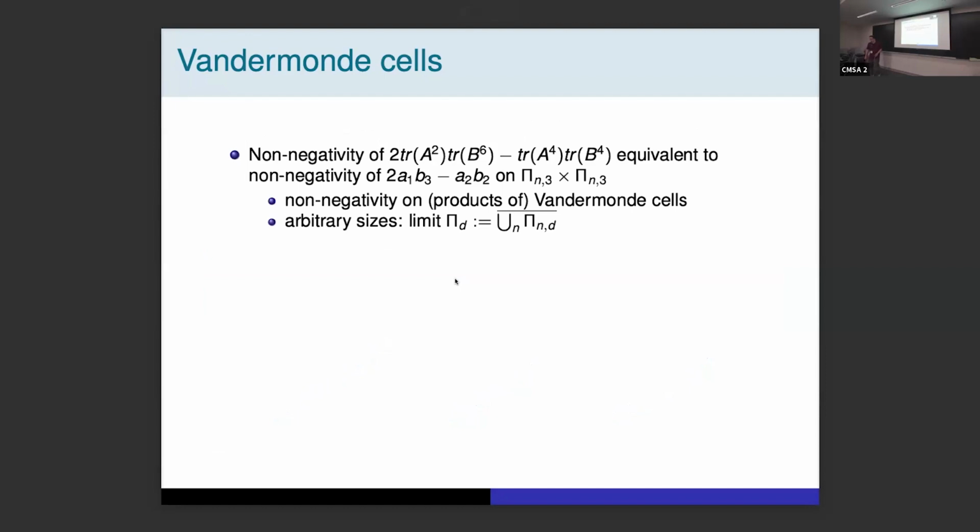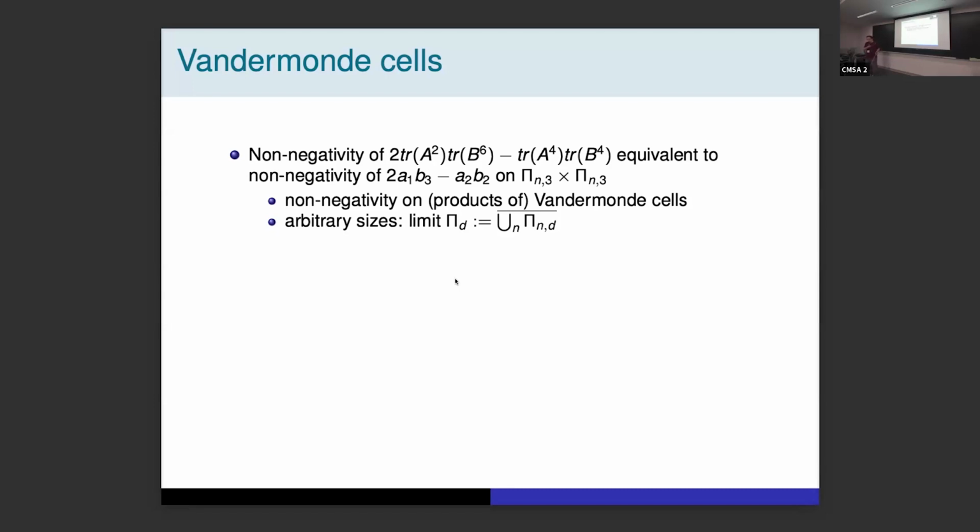So how does this connect to this non-negativity question? The reason is that the non-negativity of this trace polynomial is actually equivalent to non-negativity of this polynomial, 2a1b3 minus a2b2, on the product of those Vandermonde cells. The a_i and b_i are the ith power sum polynomial, the respective vector.